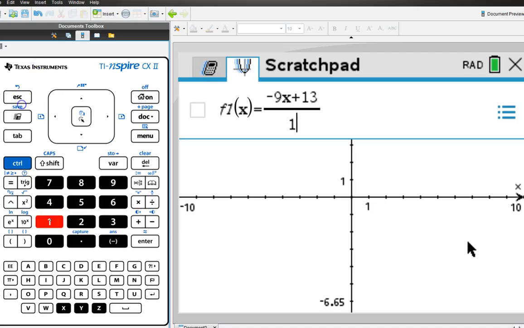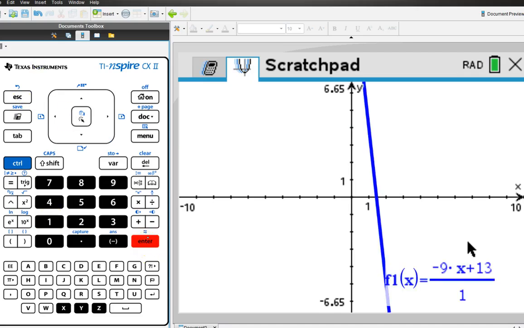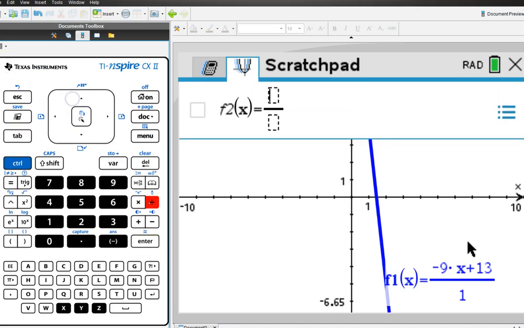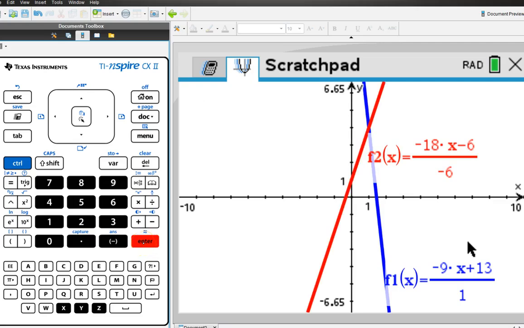Hit the down button, 1, hit enter. I got that line, and then I need the other line. I'm going to hit tab, hit control divide, and then I'm going to have negative 18x minus 6. Hit the down button over, negative 6. Hit enter.